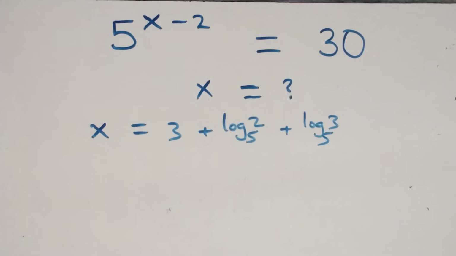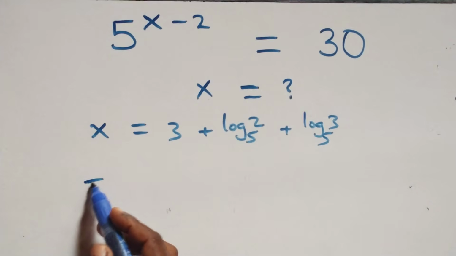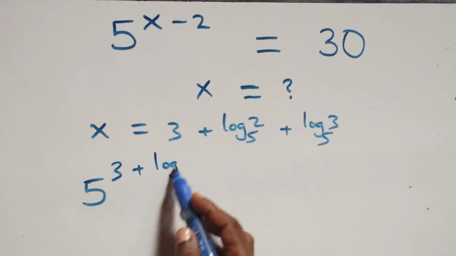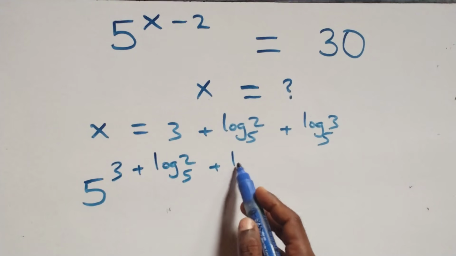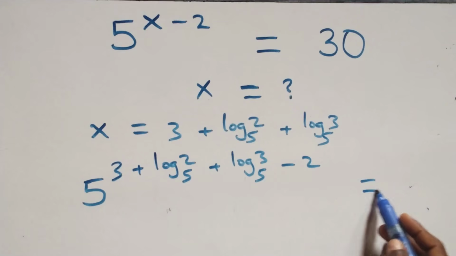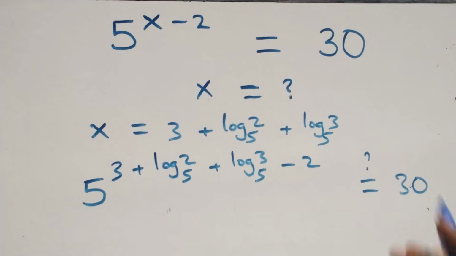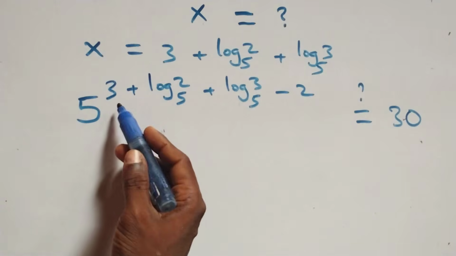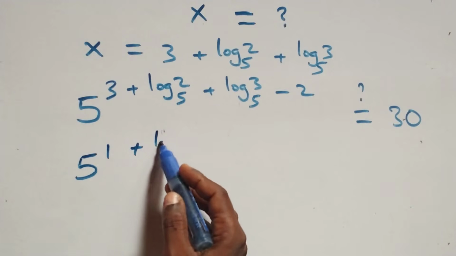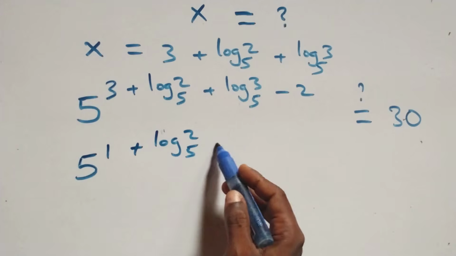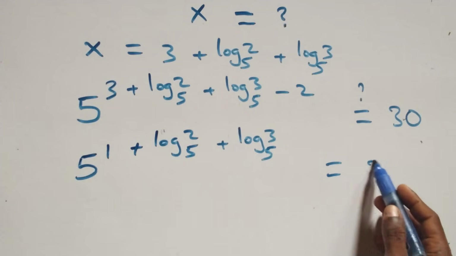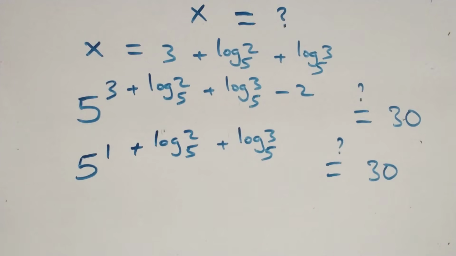Then what we have here becomes 5 raised to power 3 plus log 2 base 5 plus log 3 base 5 minus 2, equals 30 on this side. Then here we have 3 minus 2, that's 1. We can write it as 5 raised to power 1 plus log 2 base 5 plus log 3 base 5, equals 30 on this side.